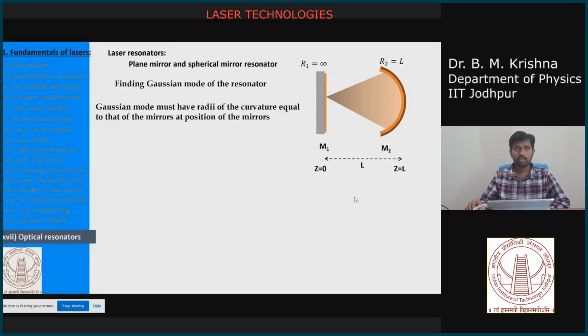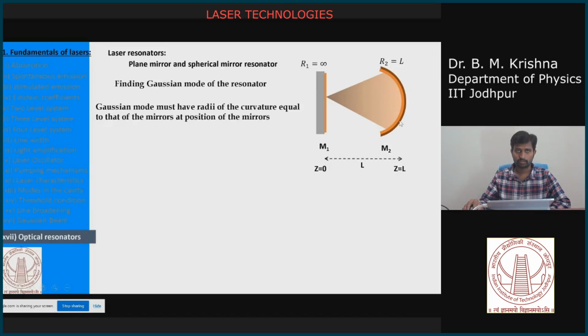The Gaussian mode must have a radius of curvature equal to the mirrors at the positions of the mirrors.